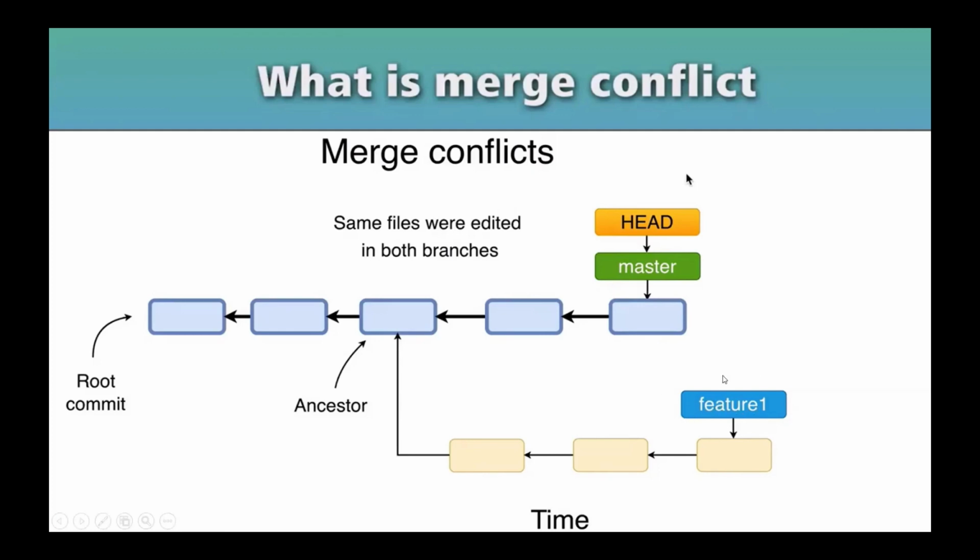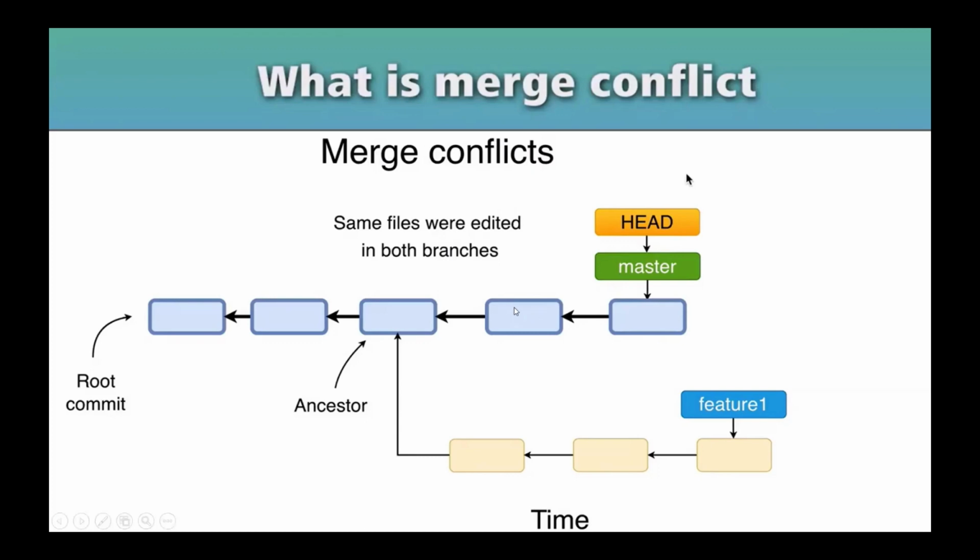This is the feature one branch and this is the master branch. So at the start, this is the master branch and this is the feature one branch. The same files were edited in both branches. Here, I create a branch, and at this instance I edited the file which comes from this ancestor. At the same moment, I move my head pointer to this commit, and there I also edited the files coming from this.